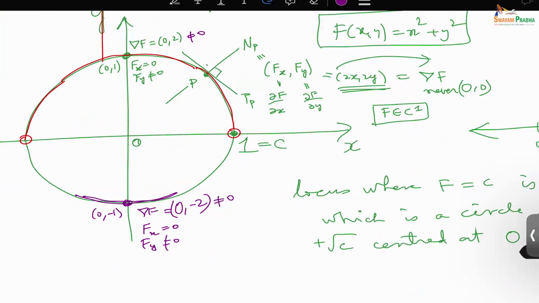So you can actually write this as the graph of y is equal to negative square root of 1 minus x squared. And where is this valid? This is this whole lower branch of this circle, namely the lower semicircle. It's valid. So the issue is only at these points on the x-axis.